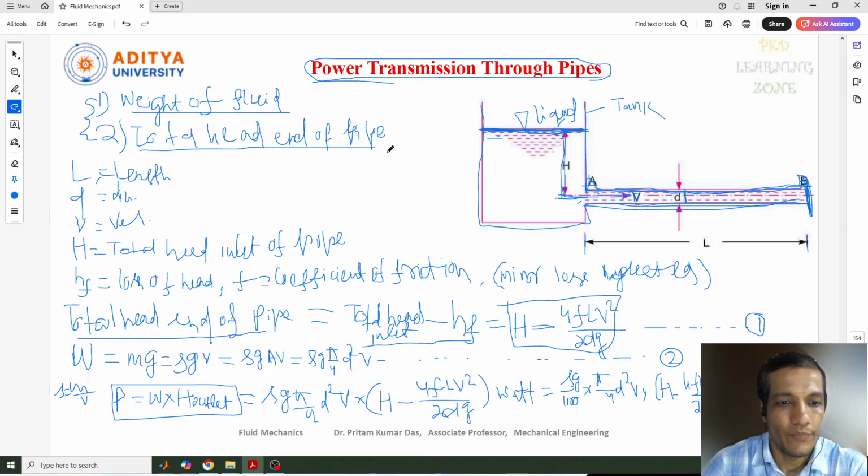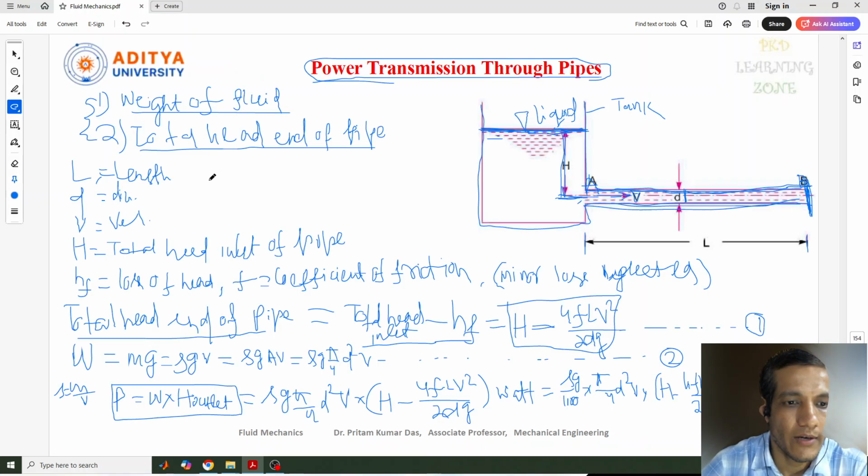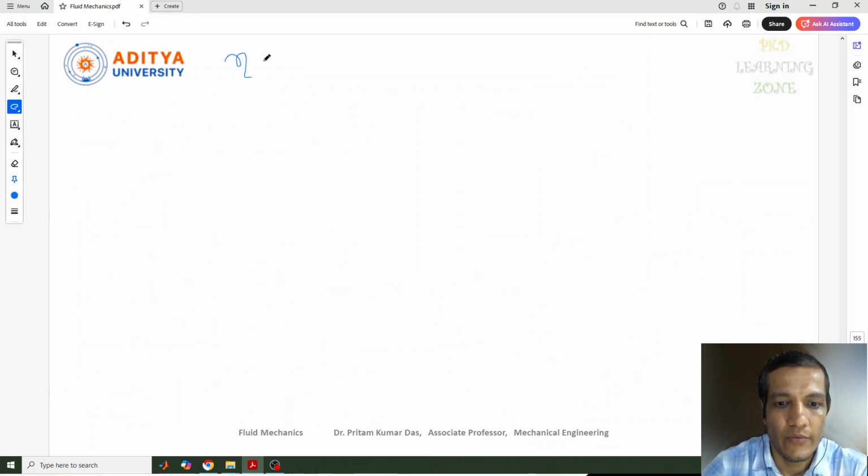So let me go to the next one. Here I can write efficiency of power transmission. What is the power available at the outlet of the pipe divided by the power supplied at the inlet of the pipe.